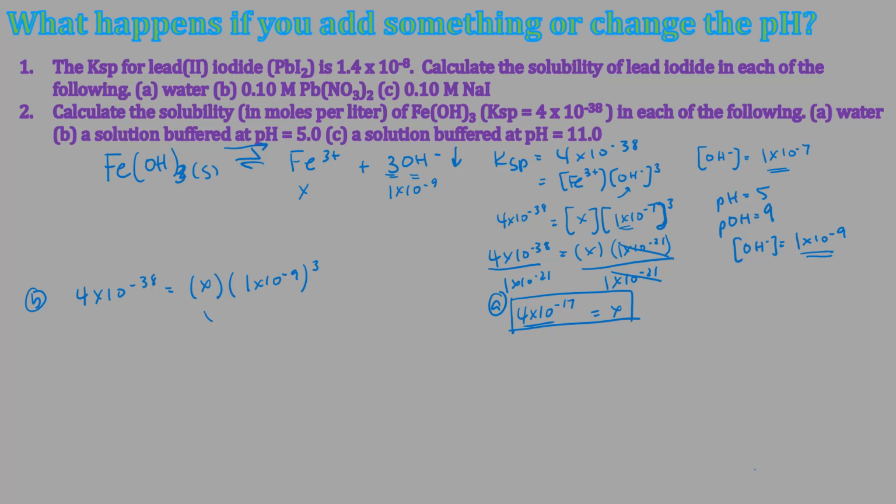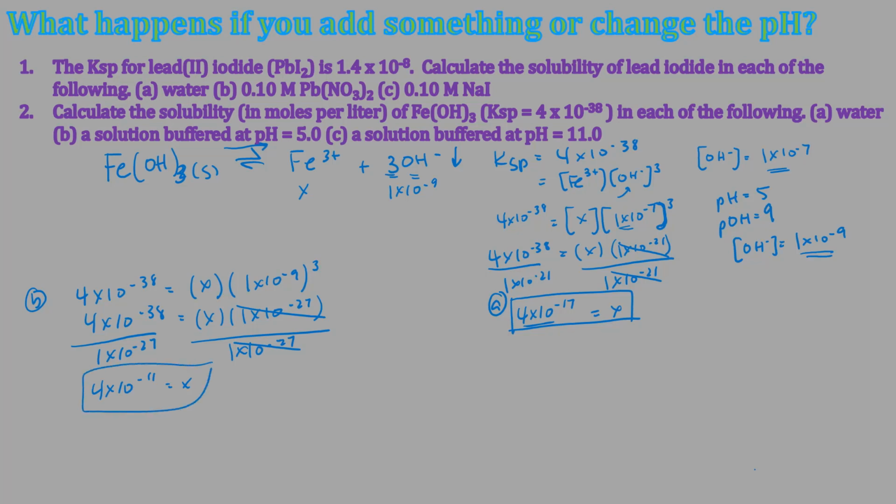So that would be x times 1 times 10 to the negative 27th, and then divide both sides by 1 times 10 to the negative 27th, and I end up getting that my x is equal to 4 times 10 to the negative 11, which is more soluble than it was before, right? This is the solubility here, and it's a bigger number.